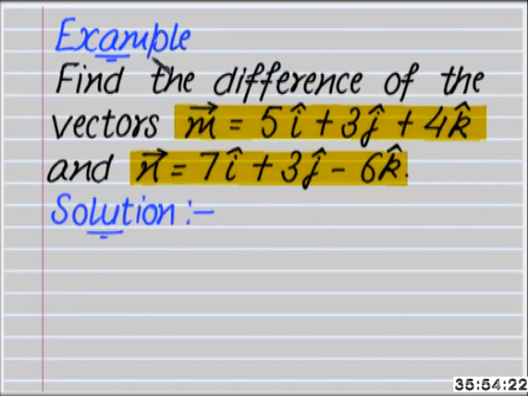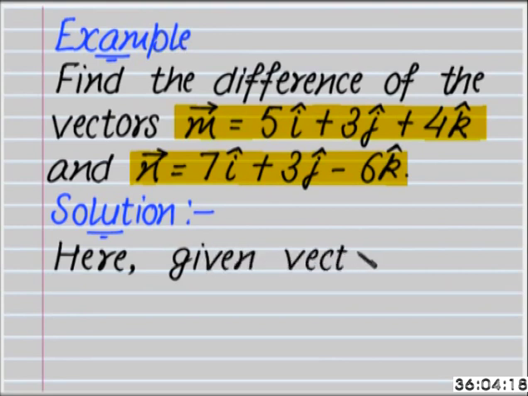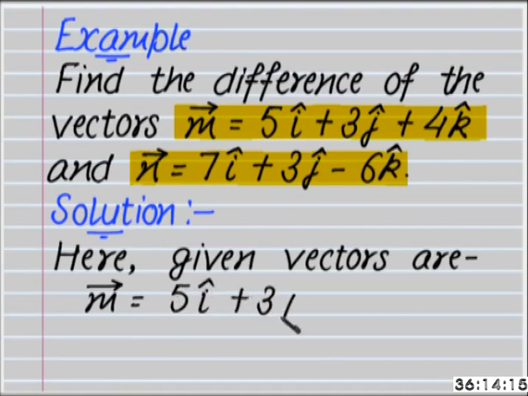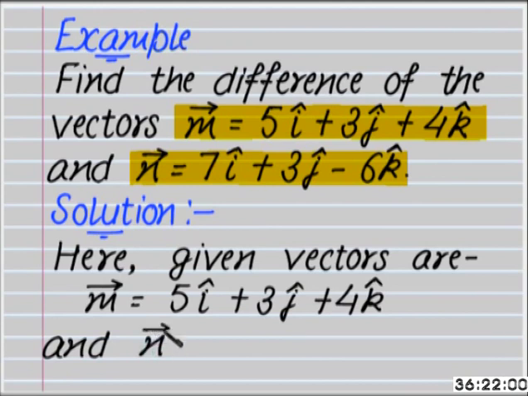Now its solution. Here the given vectors are vector m equal to 5 i cap plus 3 j cap plus 4 k cap and vector n equal to 7 i cap plus 3 j cap minus 6 k cap.